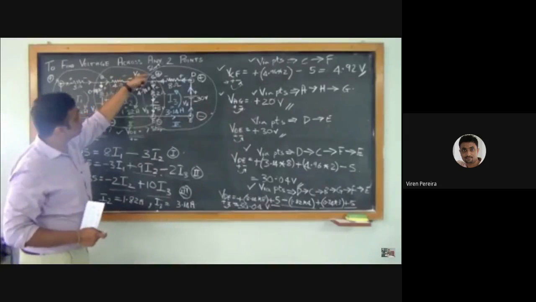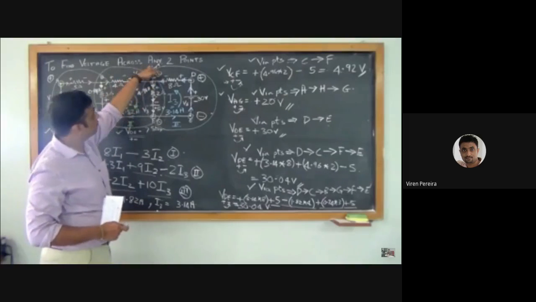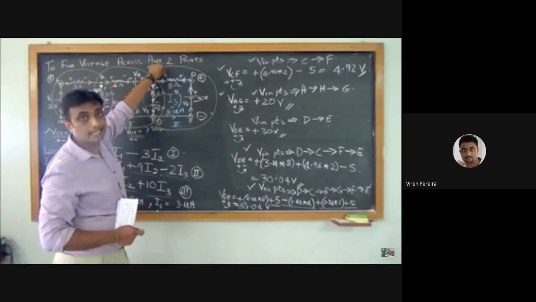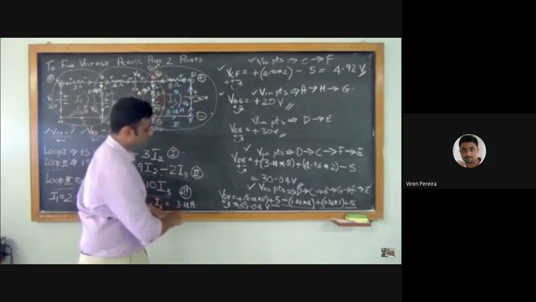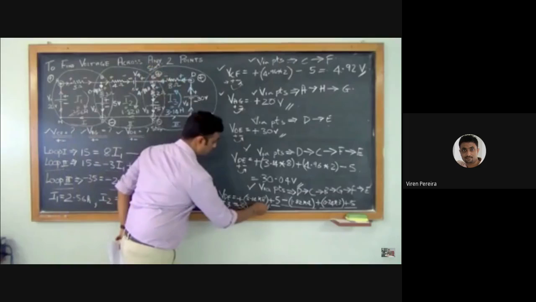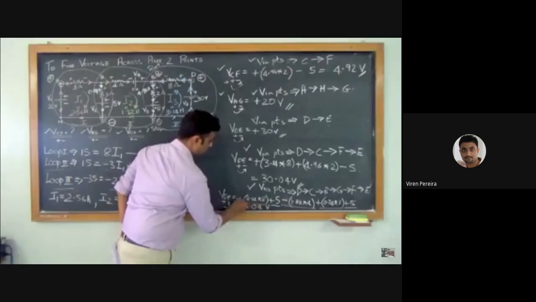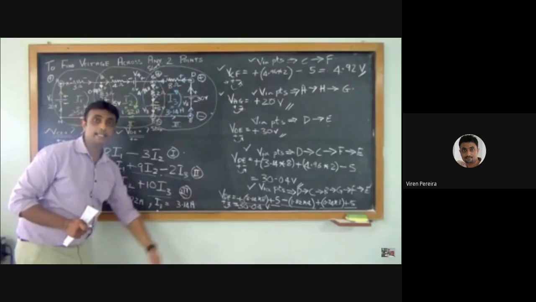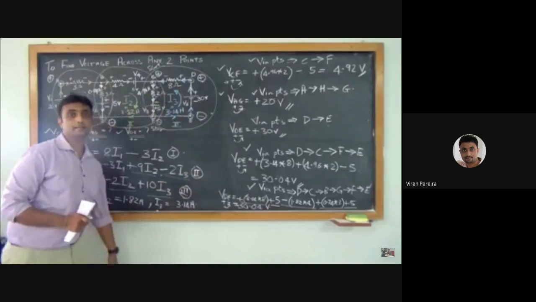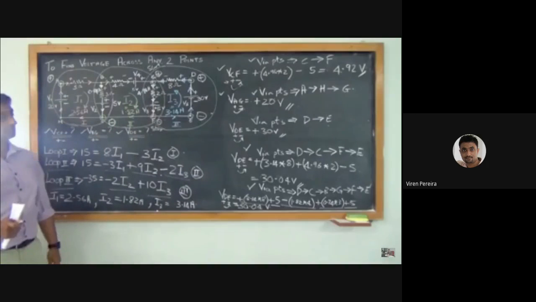Then after this it moves to the 8 ohms resistor. The first terminal of the 8 ohms resistor is negative in nature. So negative into negative, positive. So 3.14 into 8, which will again give the same result, that is 30.04.